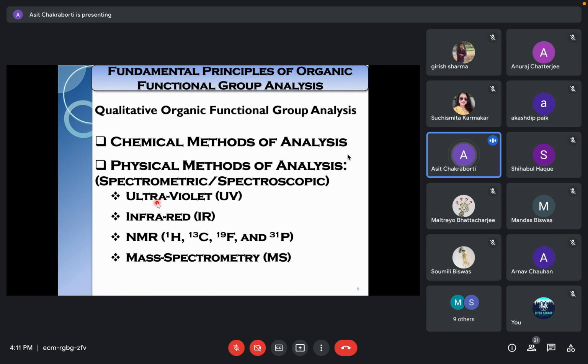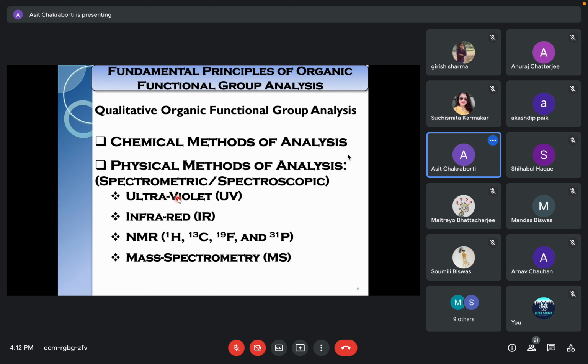For that, we have to devise an experiment, perform it, collect the data, and interpret the data, and that data is going to give you a proof of concept. This applies to any branch of science, chemistry, physics, mathematics, astronomy, whatever. The way to get a solution to that kind of query is through spectrometric techniques.